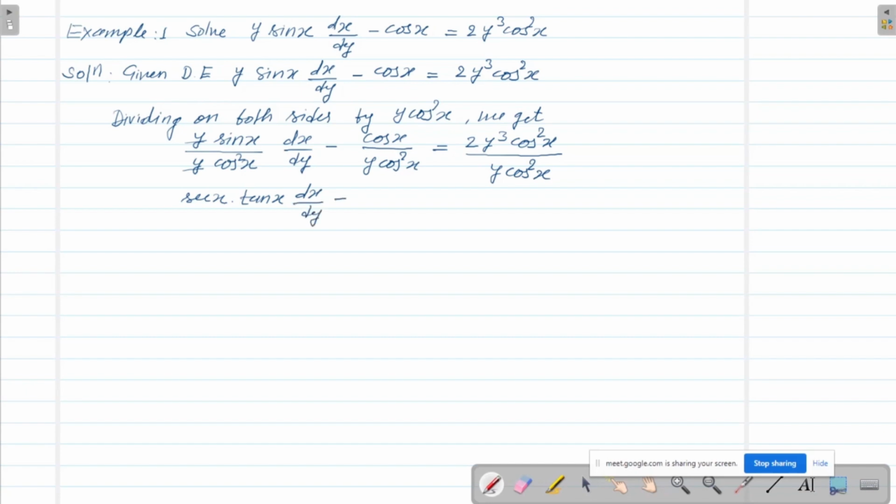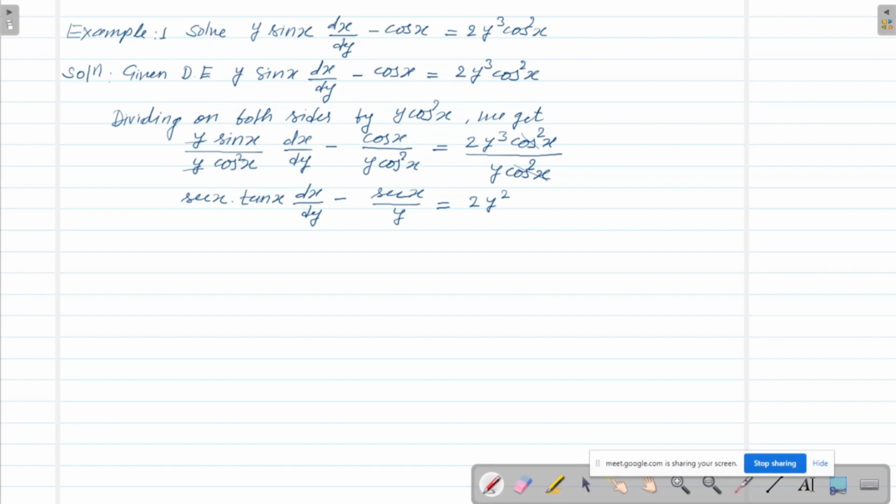And minus 1 cos and 1 cos will cancel to become 1 upon cos x, which is sec x divided by y. And this equals, here 1 y cancels, so this becomes 2y square, and this cos square x will cancel. Okay, getting? Yes or no?